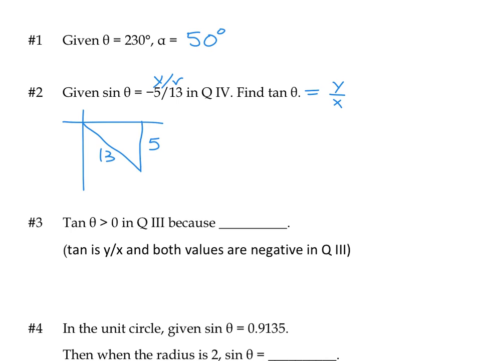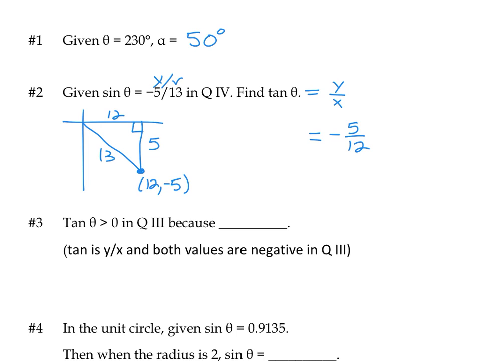We can set up our right triangle and find x is 12. Keep in mind this point would be 12 comma negative 5, since we're in the fourth quadrant, so we have a negative y value. When we set up tangent as y over x, we have negative 5/12.